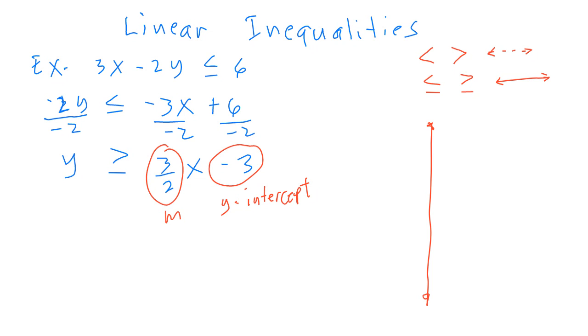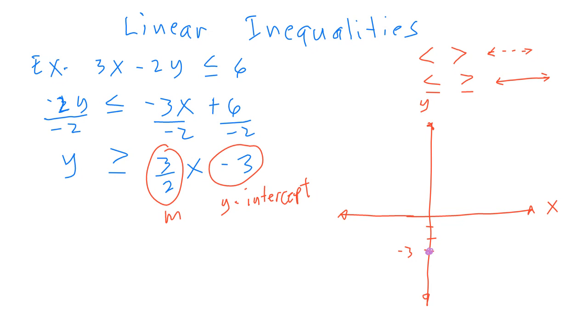The y-axis is the vertical axis, and we have our horizontal axis as our x-axis here. And then negative 3, that should be 1, 2, 3 down. Negative 3 is here. So that's our first point, which is our y-intercept.